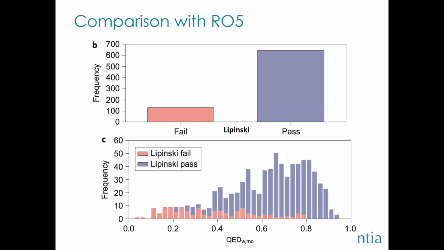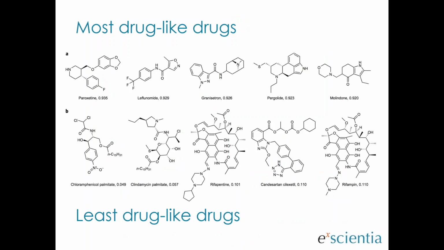But it gives more granularity than just yes or no. Here are some examples of the best drugs using QED. Usually these are quite small compounds, and the second row are the least drug-like drugs, which are usually very large compounds.